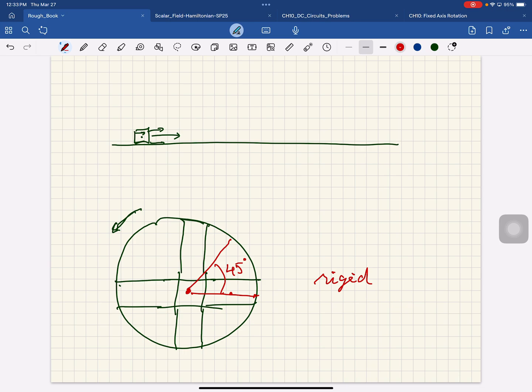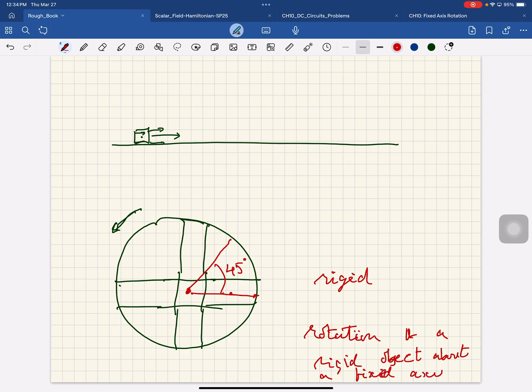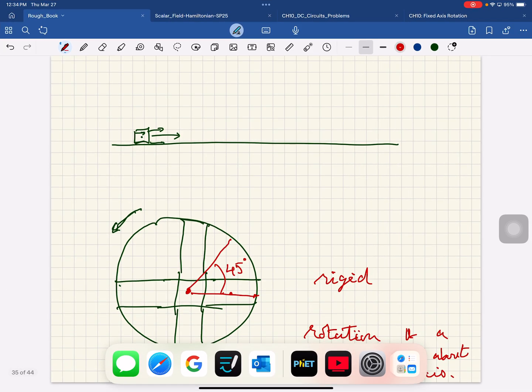So what we'll be studying is rotation of a rigid object about a fixed axis. All right, so let me show you an example of this.